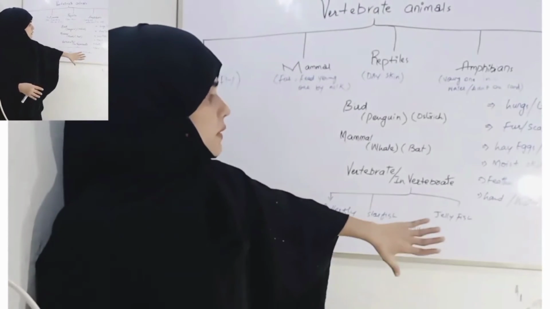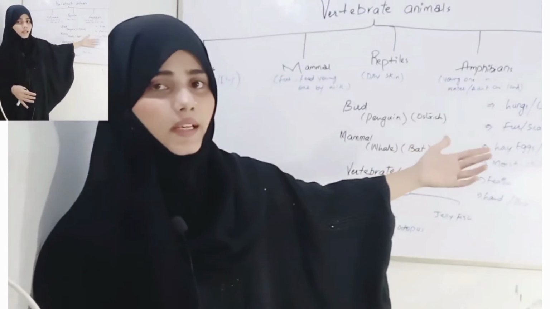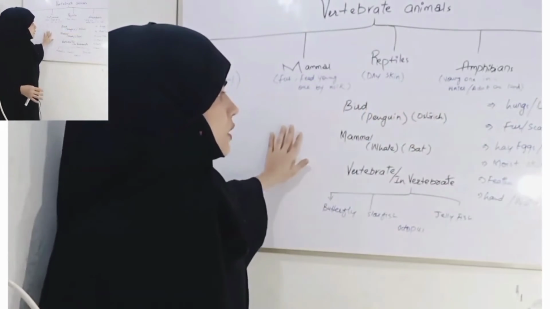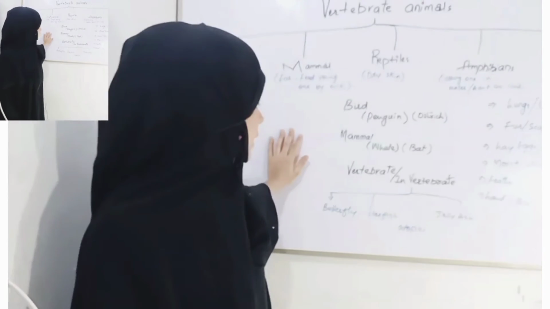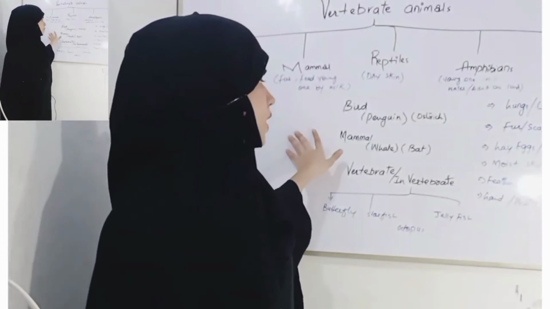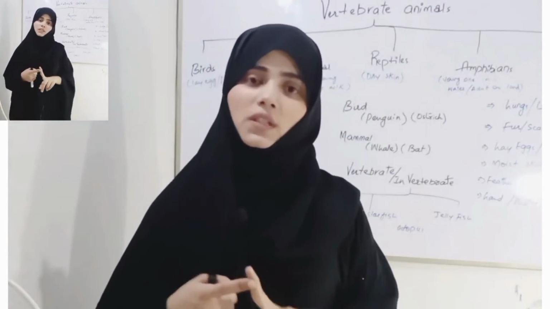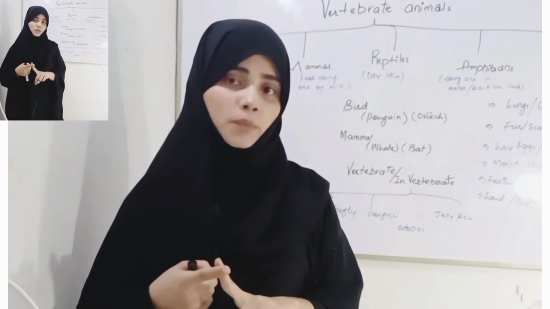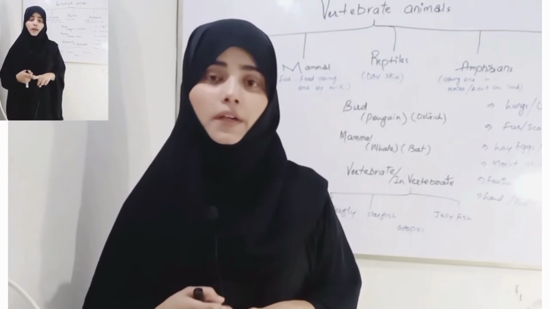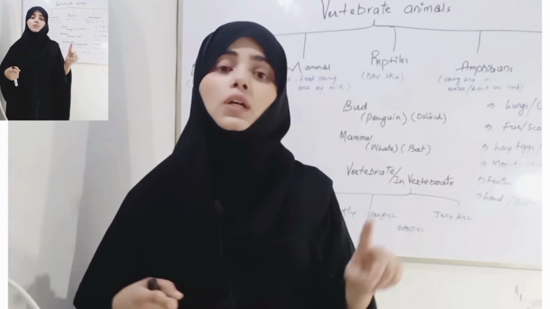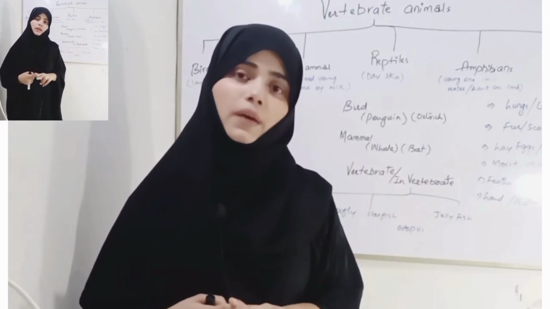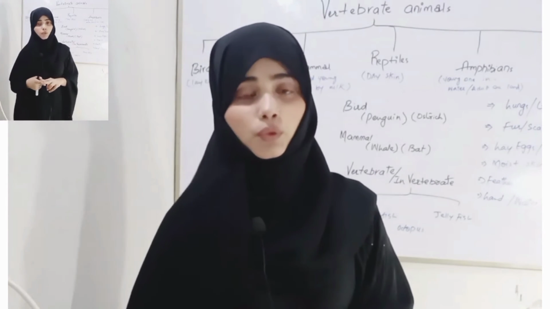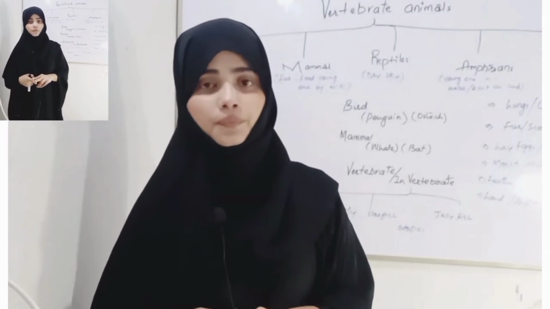So great. Viewers, in this video I have talked to you about different characteristics of 5 groups of vertebrate animals, and I have told you about 2 types of animals, vertebrate and invertebrate. Vertebrate animals are those animals who have a vertebral column, and invertebrates are those animals who do not have a vertebral column.